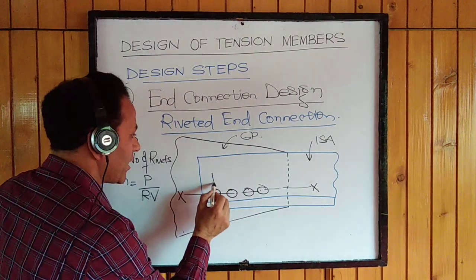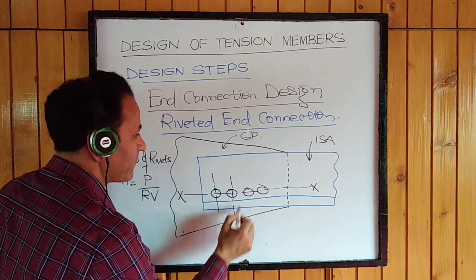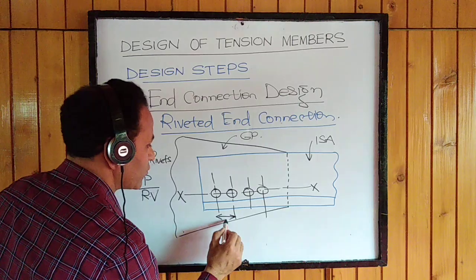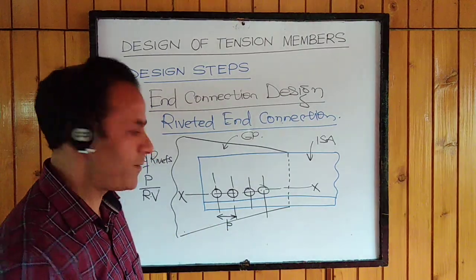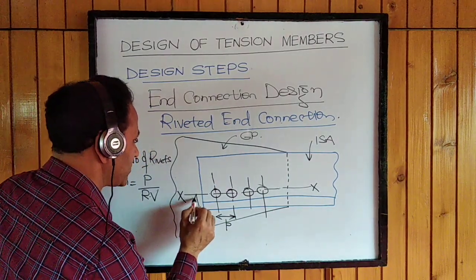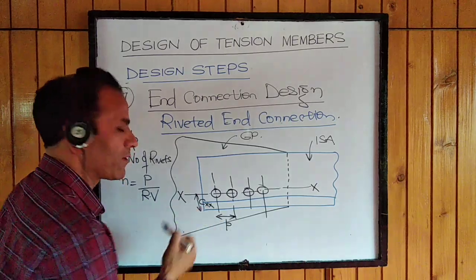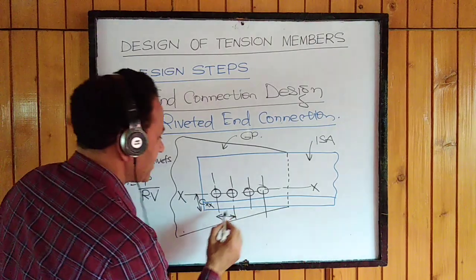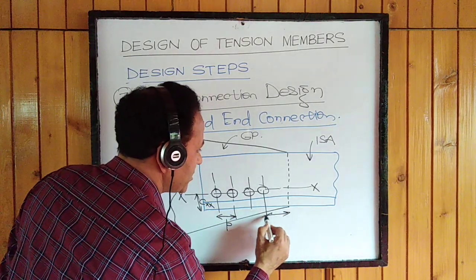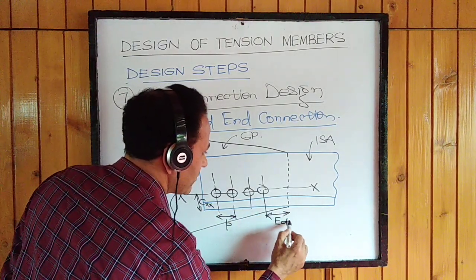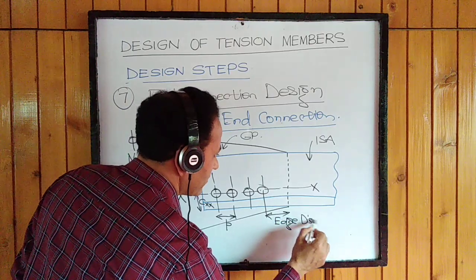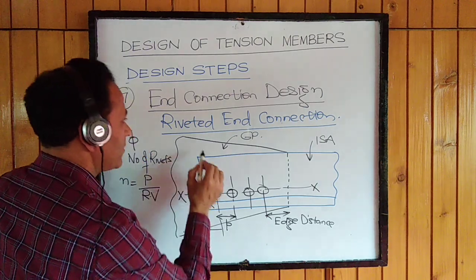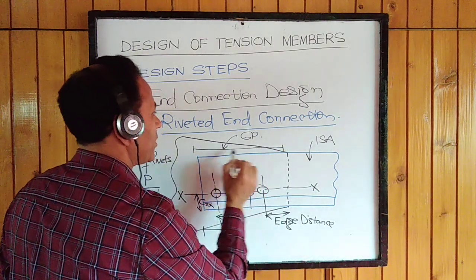So we will calculate the number of rivets and see its placement with respect to pitch. We will calculate the pitch required to satisfy the minimum and maximum criteria. This of course shall be the CG, that is the CXX distance, which we can obtain from the steel table, the number of rivets, and the edge distance at both the ends. This will give us the overall overlap.